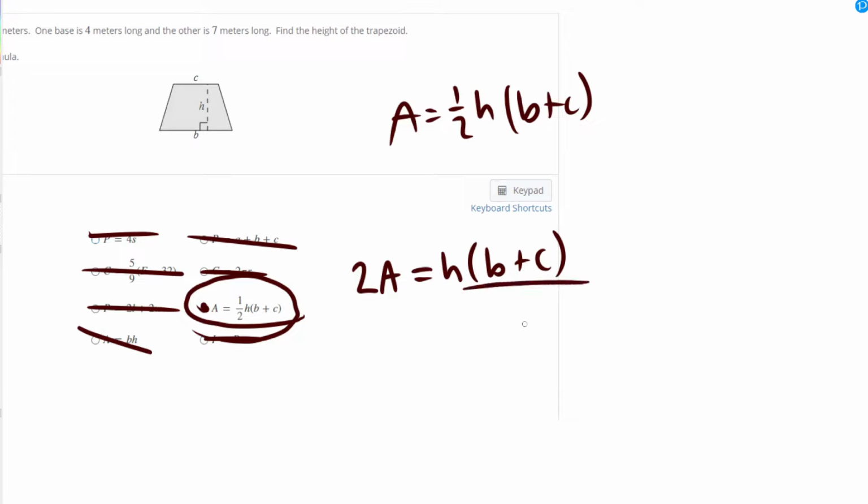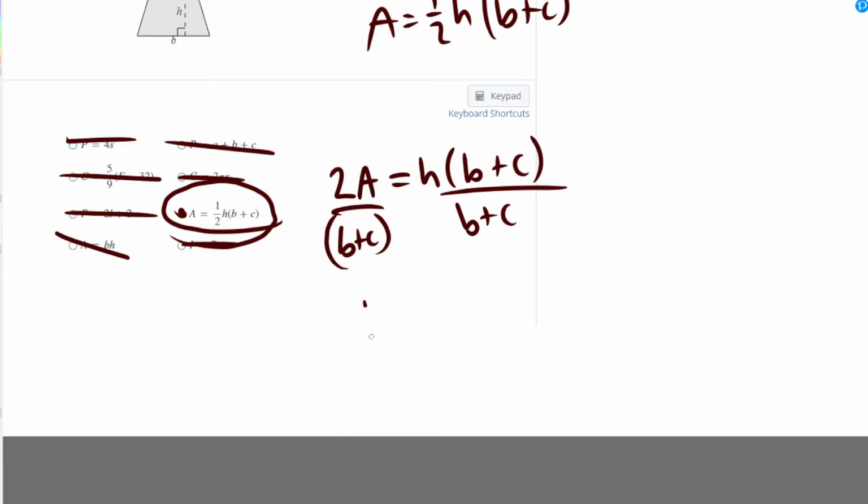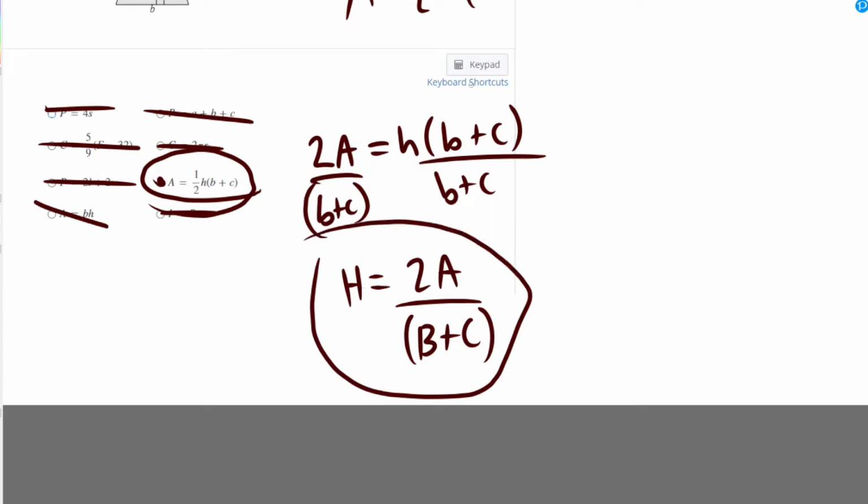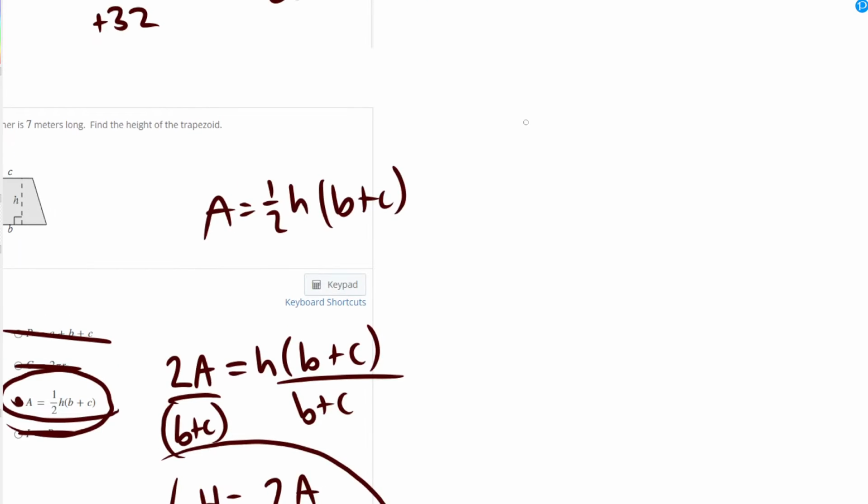Since these are in parentheses, we can divide by b plus c. So our height is equal to 2a divided by b plus c. And that would be our answer for without substitution. For substituting, it shouldn't be too hard to plug in those numbers.